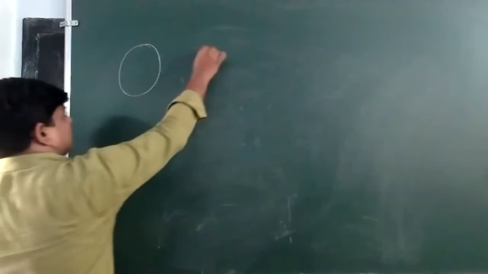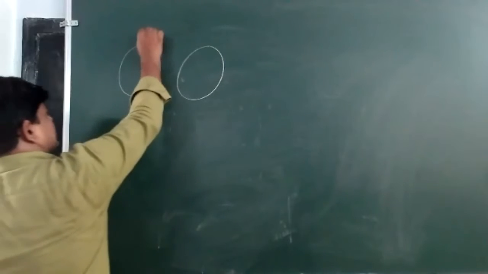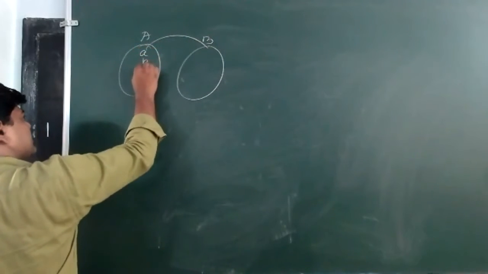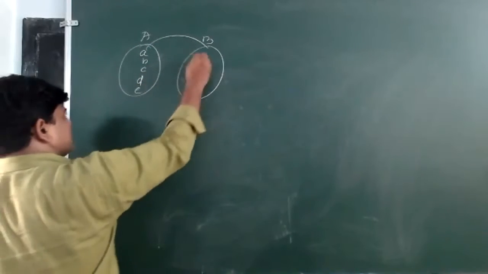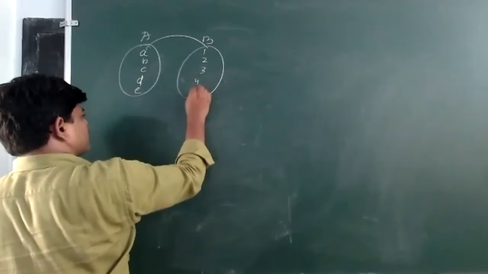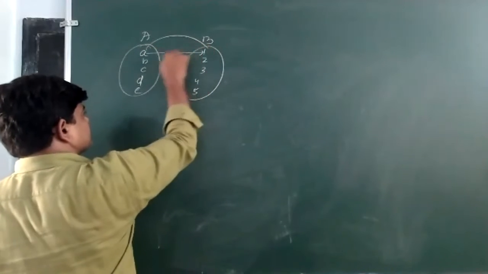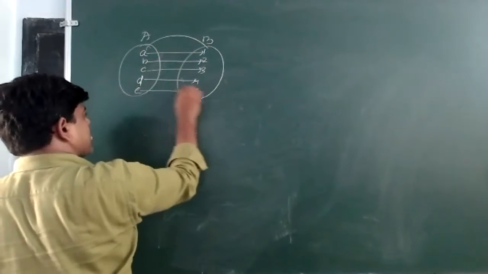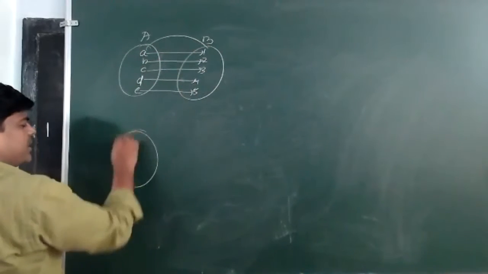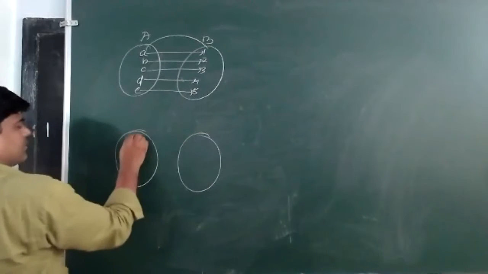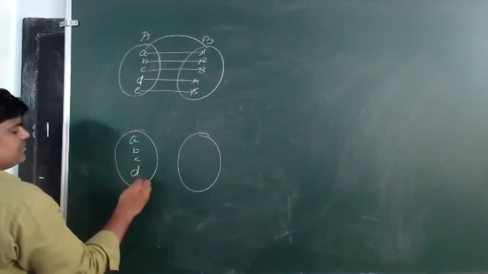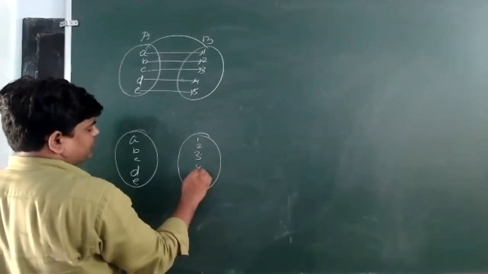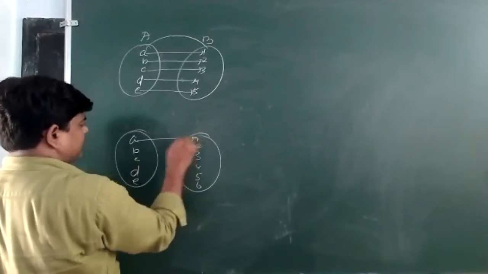Suppose that this is a function defined from A to B. Here I am having A, B, C, D, E and 1, 2, 3, 4, 5. Another function I am trying here: A, B, C, D, E and 1, 2, 3, 4, 5, 6.